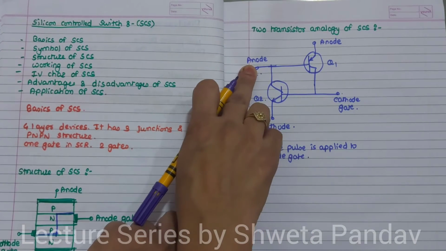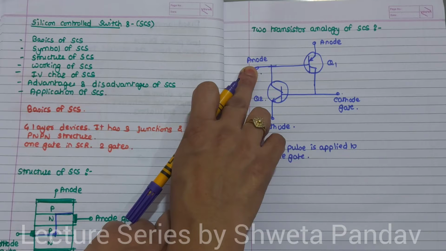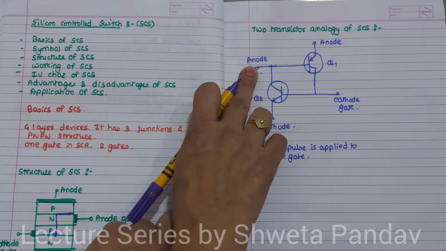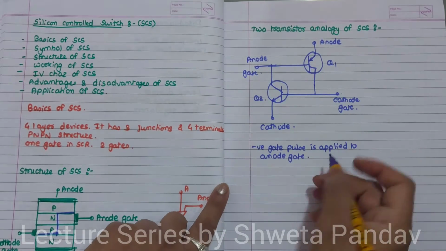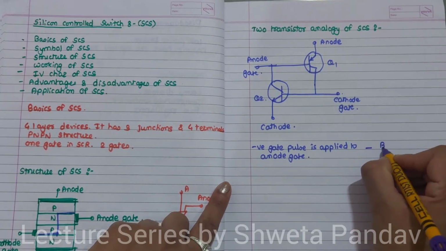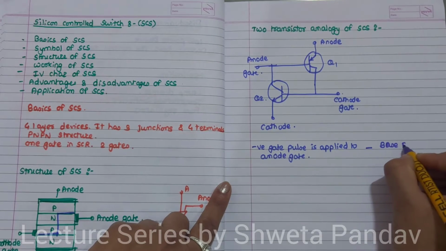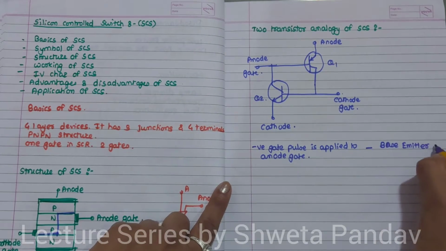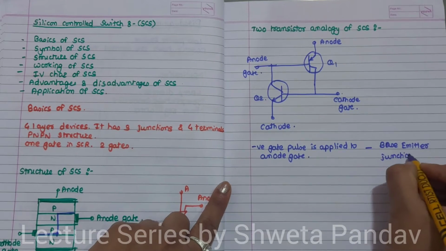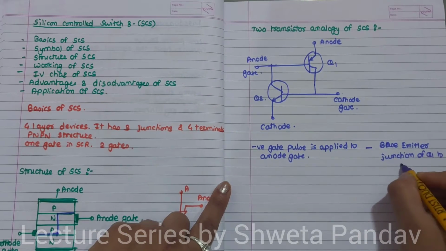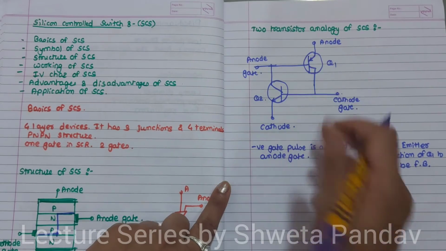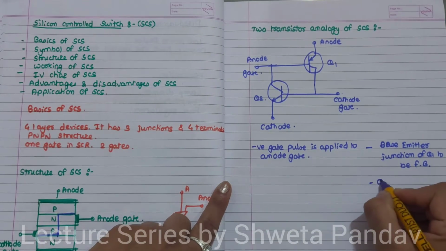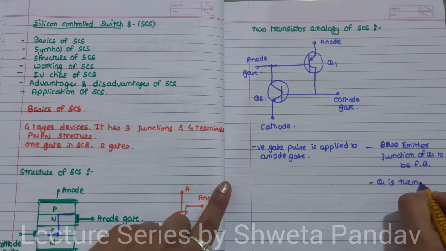Whenever the negative gate pulse is applied to this anode gate, it will cause the base emitter junction of Q1 to be forward biased. As this base emitter junction of Q1 is forward biased, it will turn on Q1. The Q1 transistor is turned on.